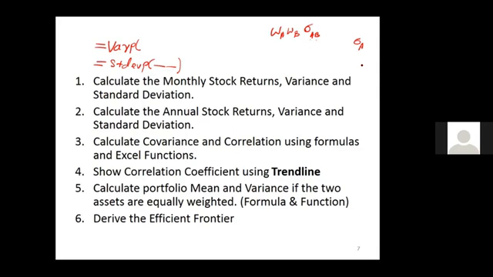Or otherwise we can write WA, WB, the correlation coefficient between stock A and B, then sigma A, sigma B.